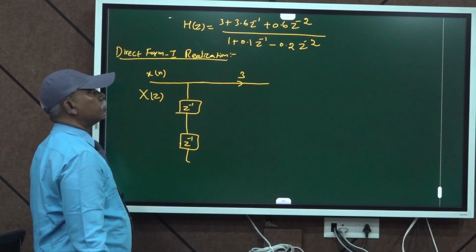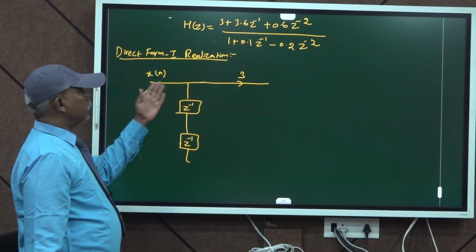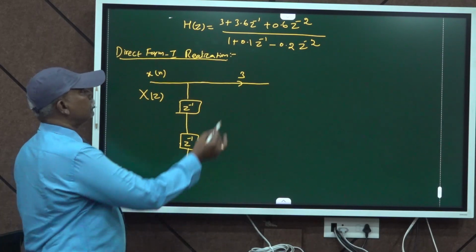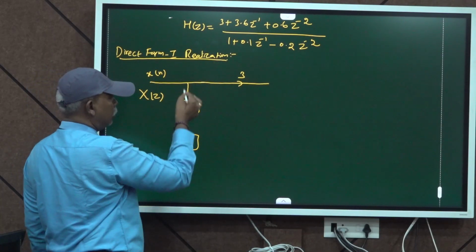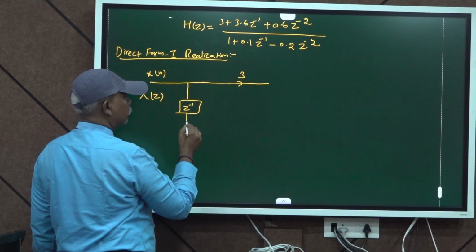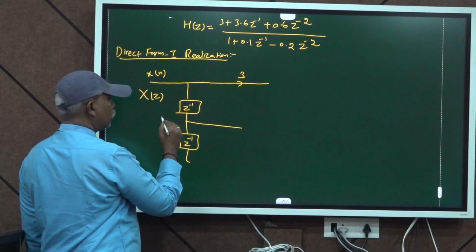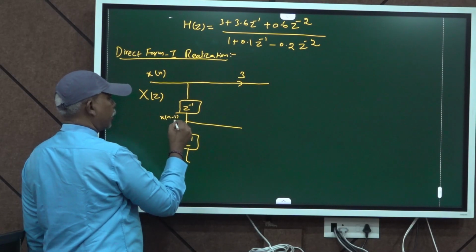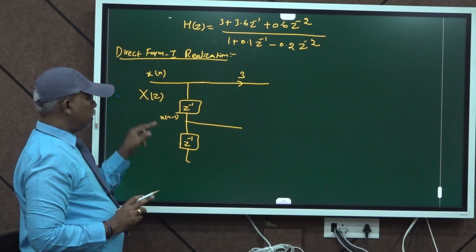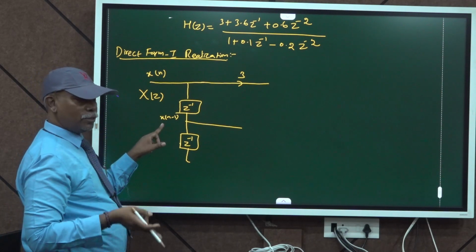3 is a multiplier. The input is directly multiplied by 3 into x of n. Then next, 3.6 into z inverse. So this is x of z inverse, which is also x of n minus 1, both the same. Students, listen here: x of n is your current input, x of n minus 1 is your previous input.